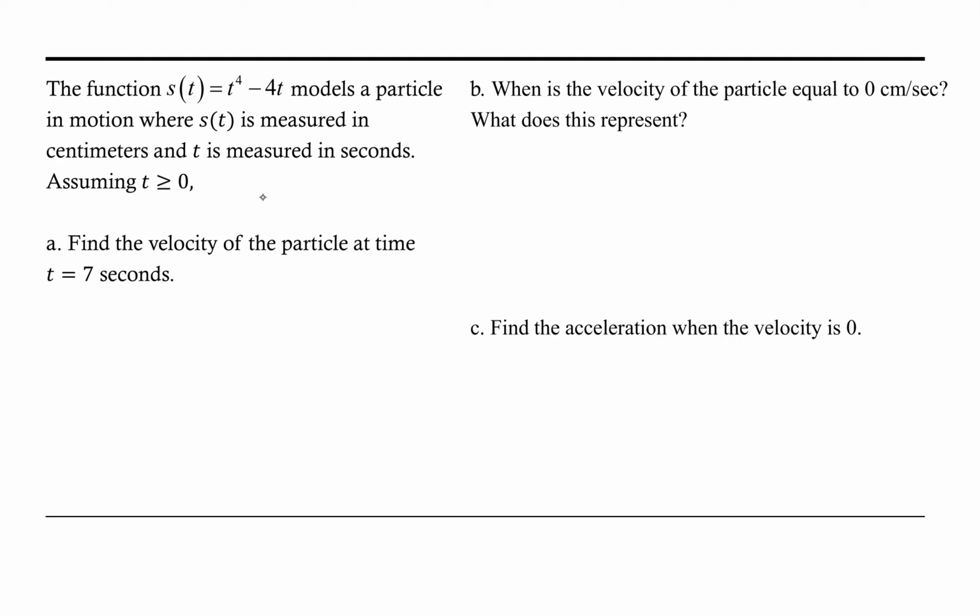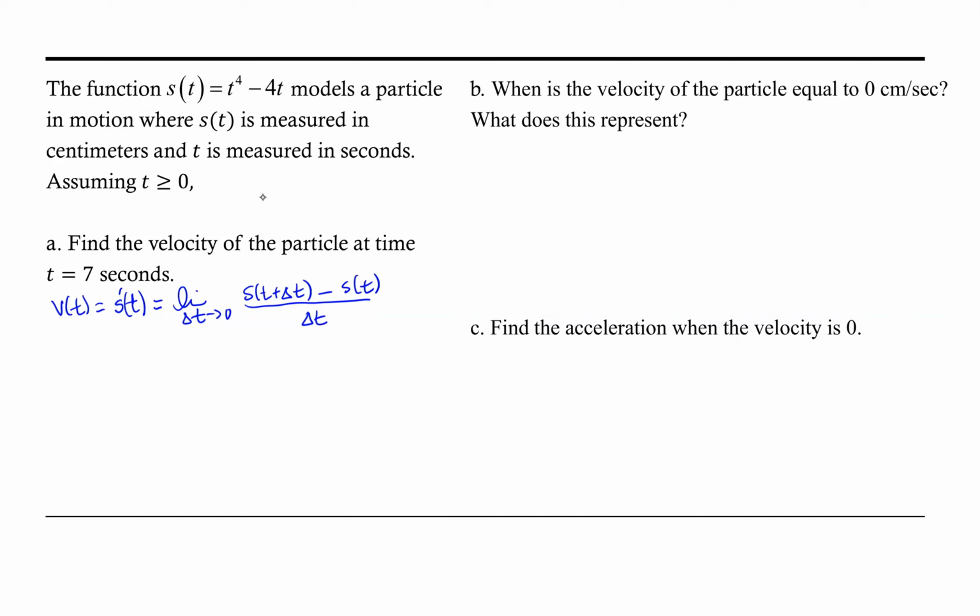Now recall that velocity, v of t, is the derivative of position, so s prime of t. And just to make sense of this for a minute, remember that this is the limit as delta t goes to 0 of s of t plus delta t minus s of t all over delta t.